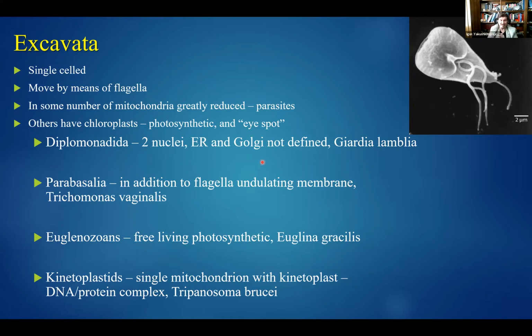Mucus is much denser, therefore it needs additional help to swim around. Trypanosoma also has an undulating membrane and lives in the blood, which is denser than water, therefore it needs extra membrane, extra space to move through. So in this particular case, euglenozoids are free living and photosynthetic, and we'll talk about the euglena today as well.